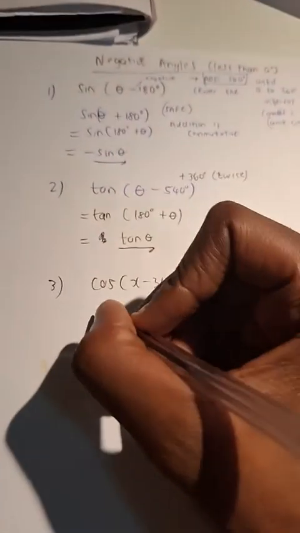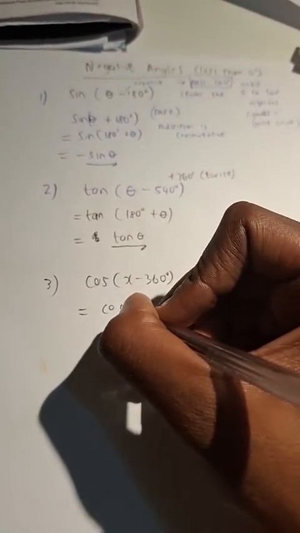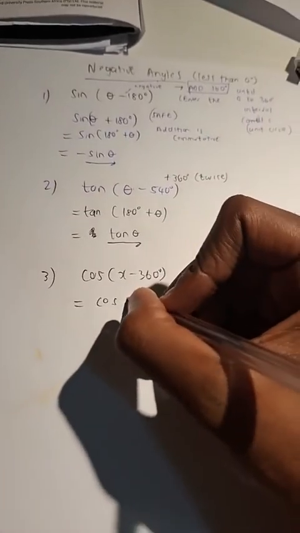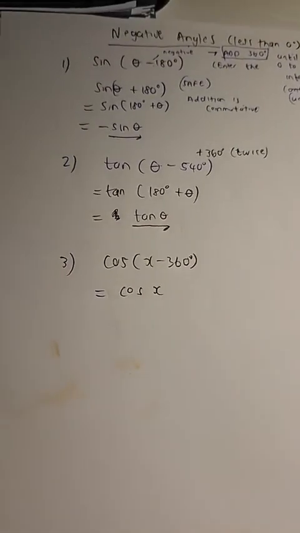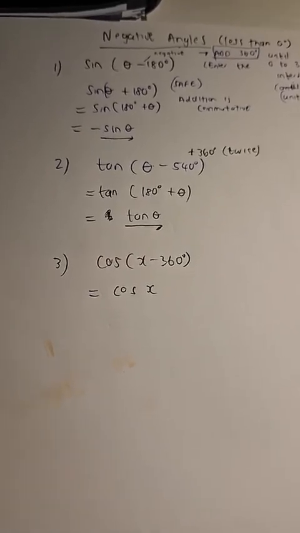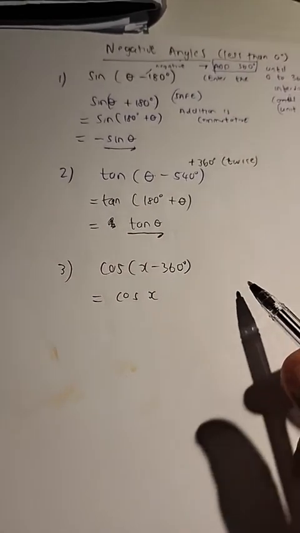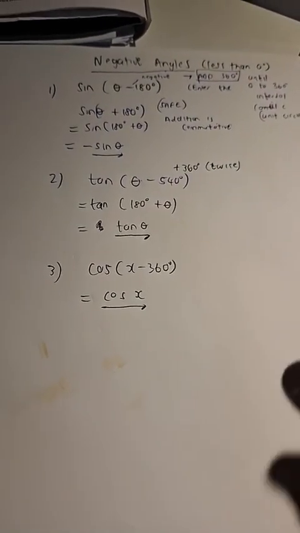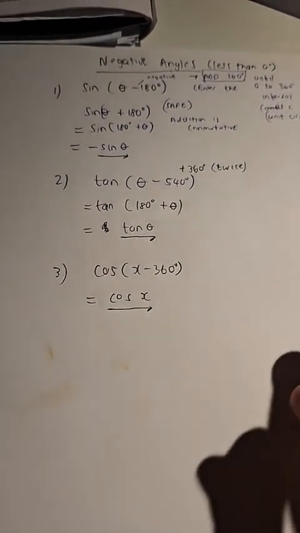And that's beautiful, because all that means is that we now have cos of x. So that is our answer. That is beautifully our answer.